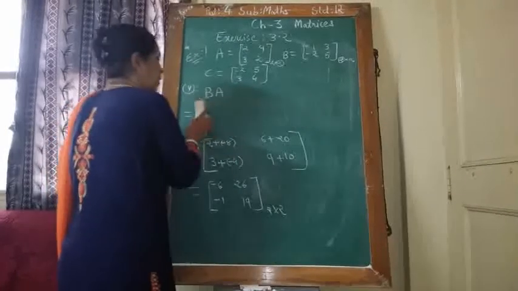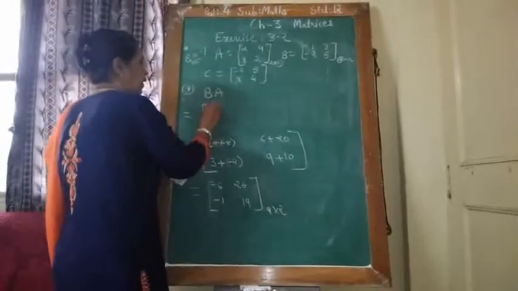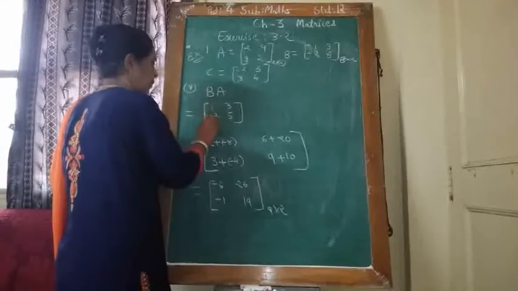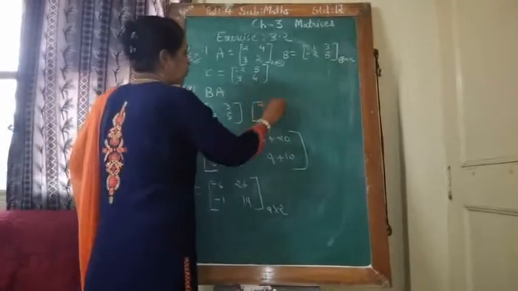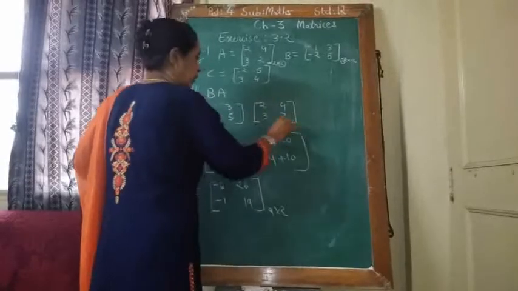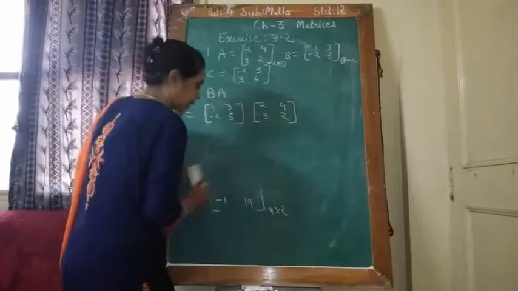See, BA: 1 3 minus 2 5, and A: 2 4 3 2. Again applying the same rule.